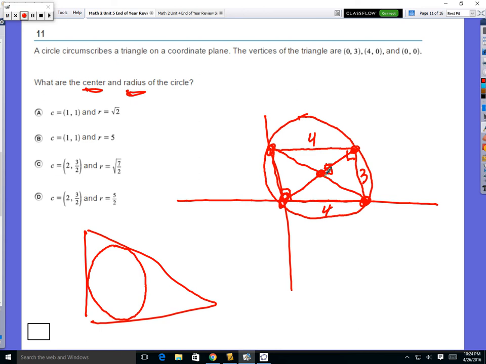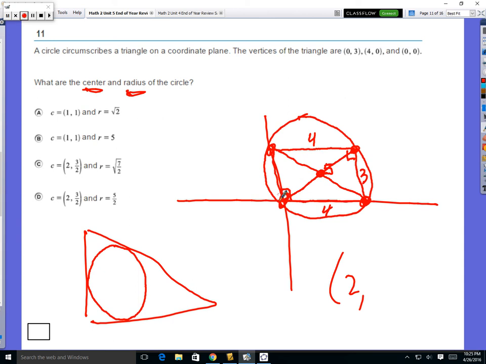So that center of my rectangle is also going to be the center of the circle. So to get to this spot right here, okay, it is going to be halfway between here, so it's going to be over 2.